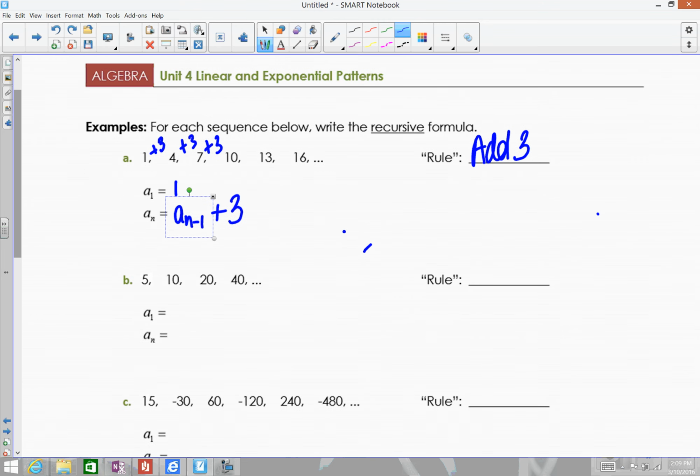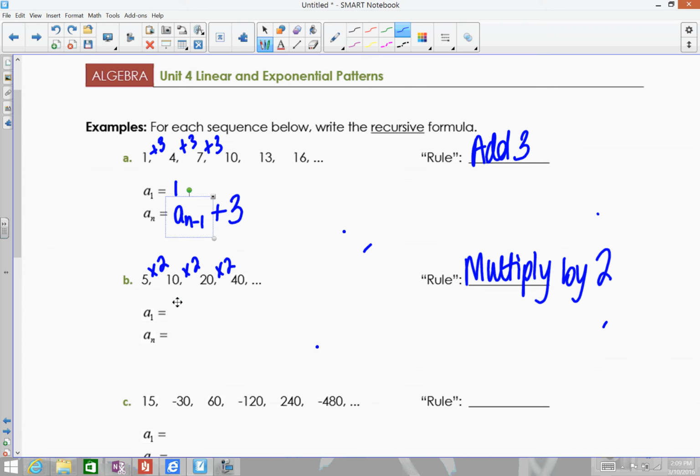Let's look at b. To get from 5 to 10, times 2, times 2, times 2, and so on. So I'm multiplying by 2 is my rule. So start with your initial term. So you take 2 and you multiply it by the previous term.